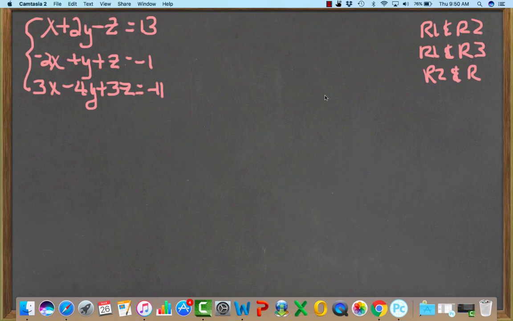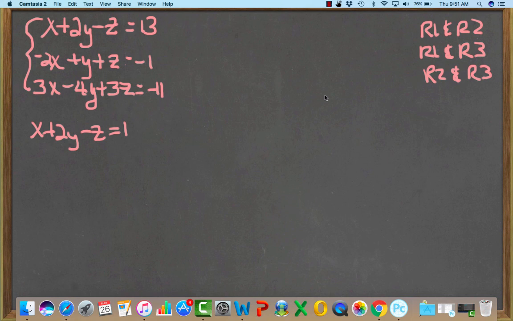So we're going to keep the first equation. I'll try to keep my final system of equations here before we back substitute. So if I take row 1 and row 2, I'm going to need to multiply row 1 by 2 so that it'll eliminate with the x in row 2.